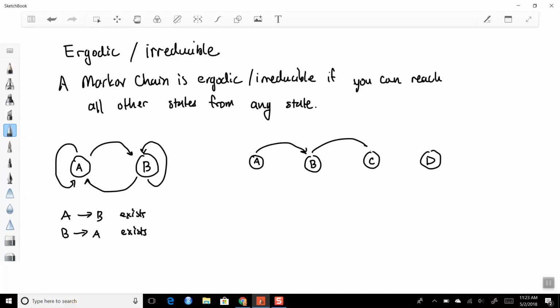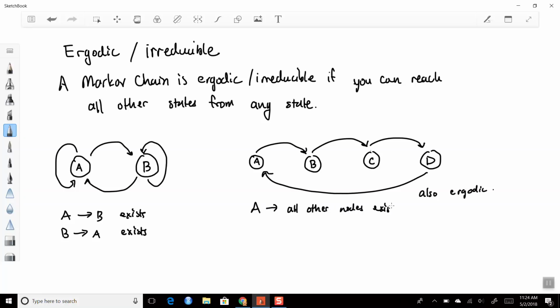You could have this, and this is also ergodic, okay? Because a path from A to all other nodes exist, okay?